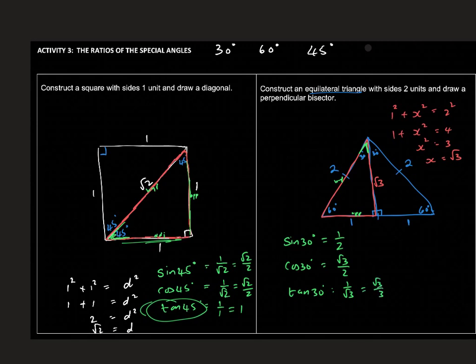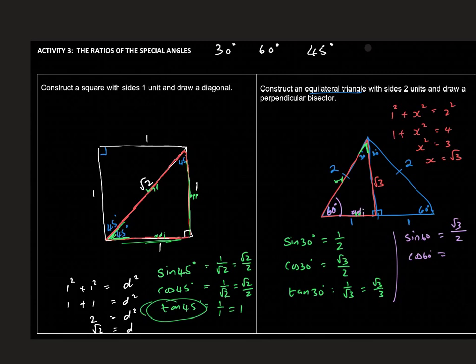And then the other part: we're going to look at 60 degrees as my reference angle. So sine of 60 degrees is the opposite, which is root 3, over the hypotenuse, which is 2. And cos of 60 is the adjacent now.